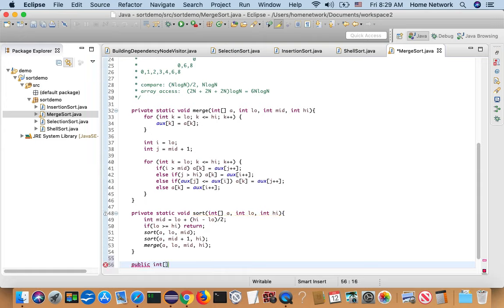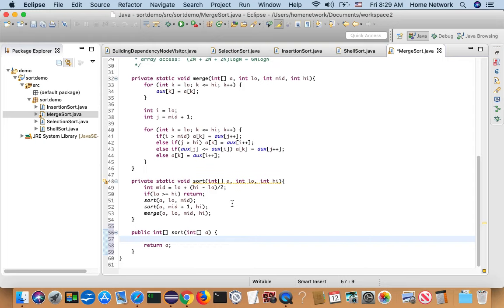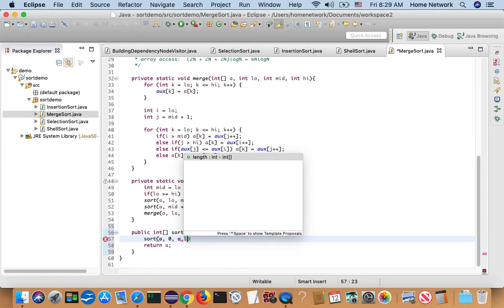Next is finally passing our original array and sorting it. The overloaded sort method sorts it by side effect. So that's passing the lower index and a higher index.